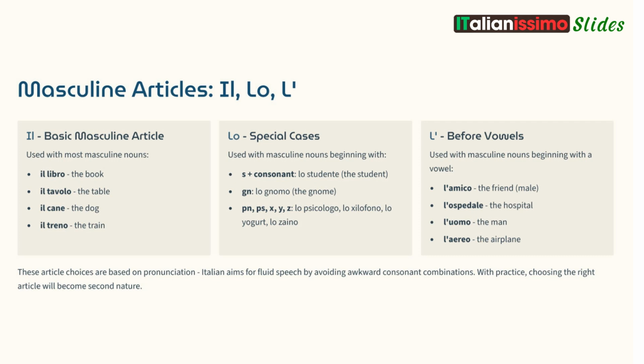Lo, special cases used with masculine nouns beginning with s plus consonant, like lo studente or lo gnomo; also with pn, ps, x, y, and z, like lo psicologo, lo xilofono, lo yogurt, lo zaino. L apostrophe, before vowels, used with masculine nouns beginning with a vowel, like l'amico, l'ospedale, l'uomo, l'aereo.